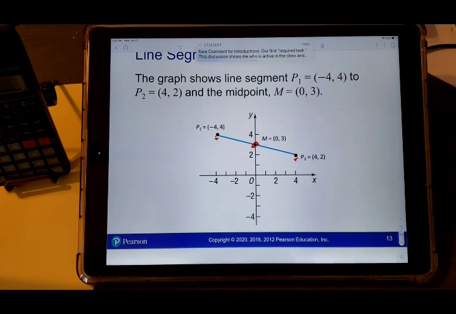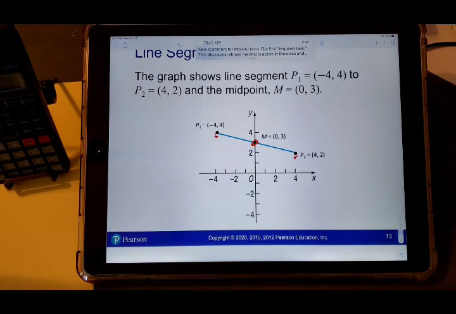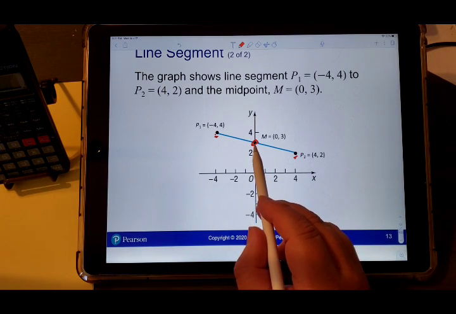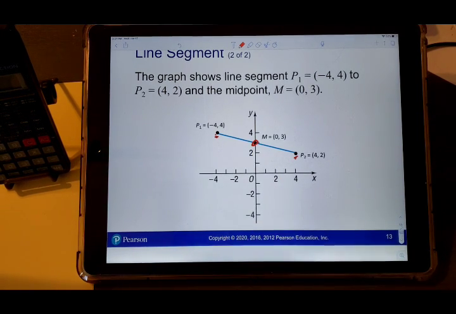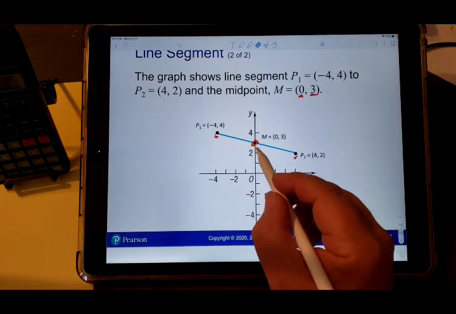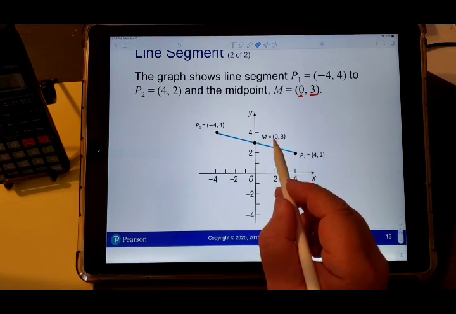Now, this would have been really hard to do without, not really hard. I think you might have guessed that that was the answer without the formulas, without algebra. In other words, if I just gave you this picture and said, what are the coordinates of the middle point?